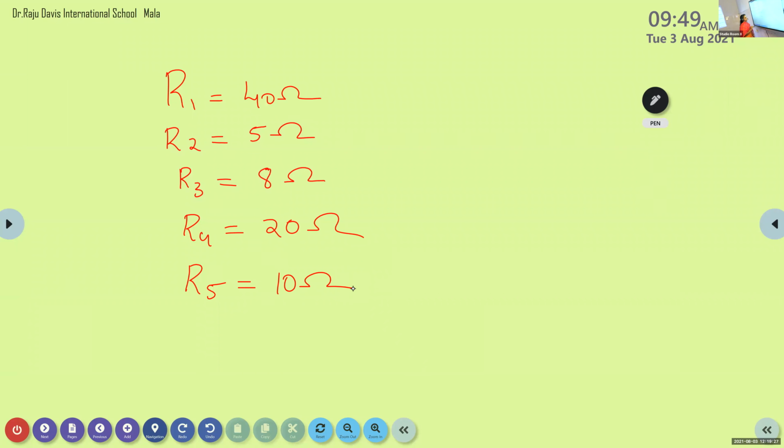All right. Then the potential difference V equal to, what about the potential difference of the battery that is connected to this electric circuit? V is already given in the question: 240 volt. So these are the values that we obtained from the question.